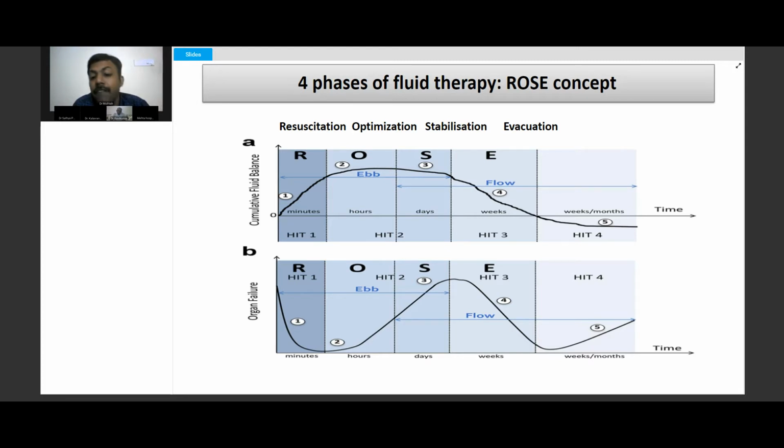And then again, he can have a 3rd hit because of GIPS, Global Interstitial Permeability Syndrome, because of the fluid overload, because of the later leaky phase, which happens in the later phase or secondary hit. And again, there can be organ function failure and later on recovery. So what we want to avoid is the secondary hit, which happens here.